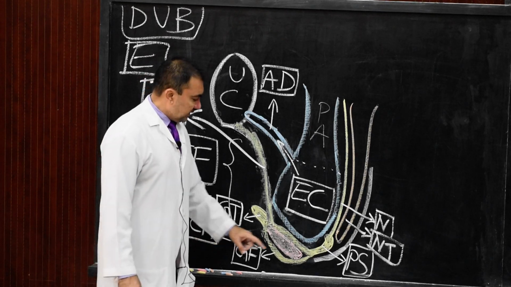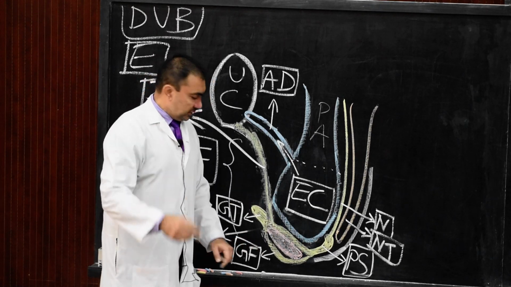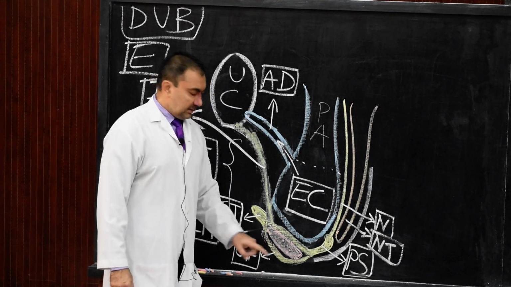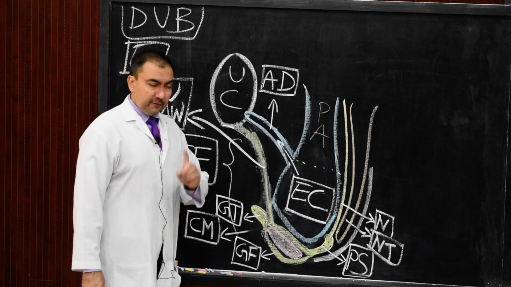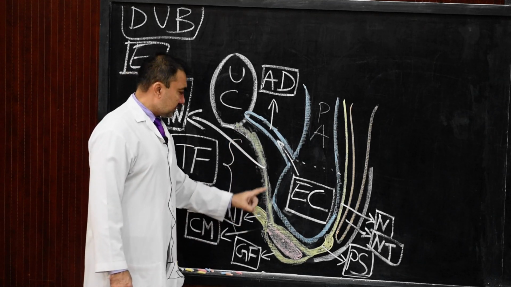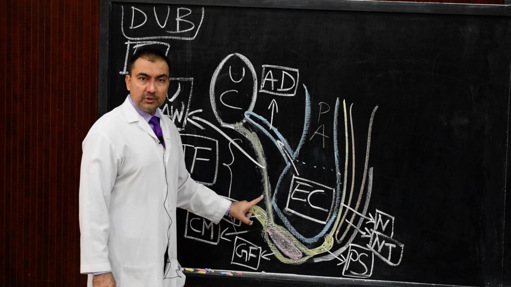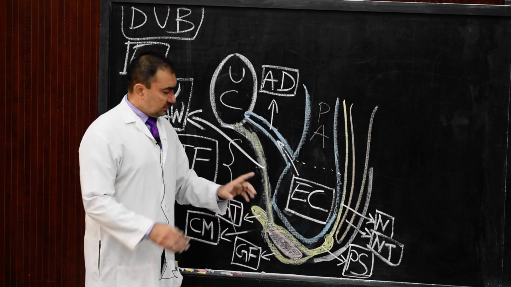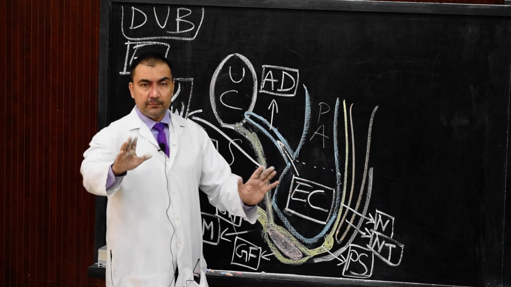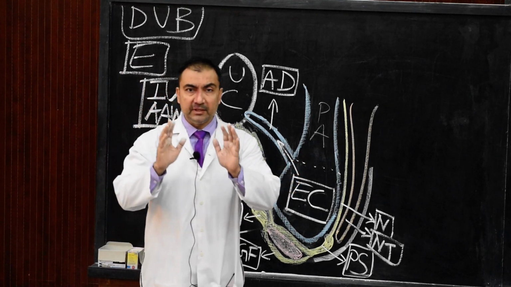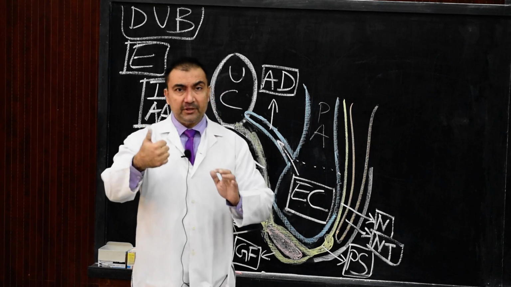Then the next point was the primitive streak. Then the genital folds. Then the cloacal membrane. Then the genital tubercle. And finally the infra-umbilical portion of the anterior abdominal wall. So these are the structures which will develop initially before the development of urinary bladder and urethra. So it is called embryogenesis.